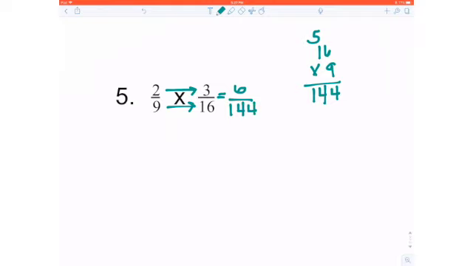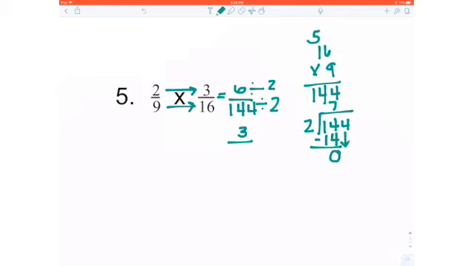Now this number can be simplified. We could divide both the top and the bottom by 2. So let's give that a try. 6 divided by 2 is 3, and 144 divided by 2, once again, not so obvious, so let's go ahead and work it out. 2 goes into 14 7 times. 2 times 7 is 14. 14 minus 14 is 0.